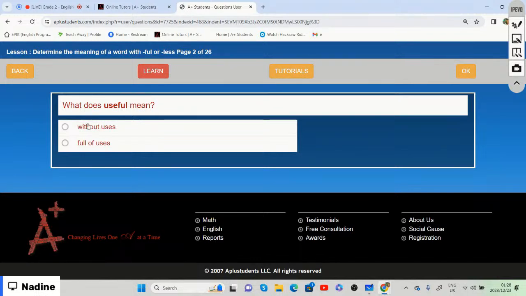All right. What does useful mean? Useful. Is it without uses or full of uses?